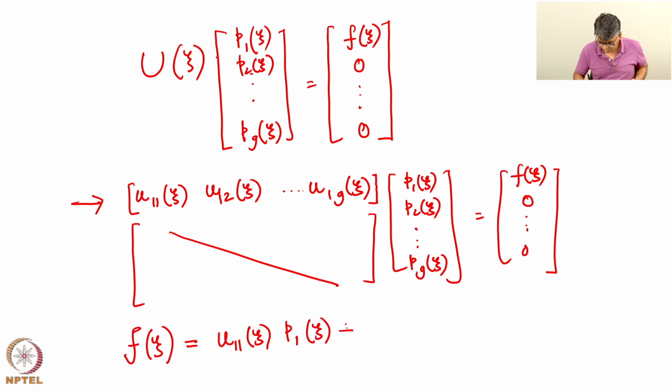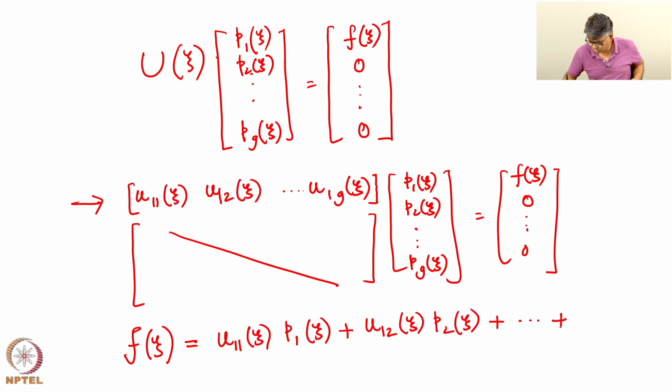U11 xi P1 xi plus U12 xi P2 xi plus dot dot dot plus U1g xi Pg xi, right? Okay.